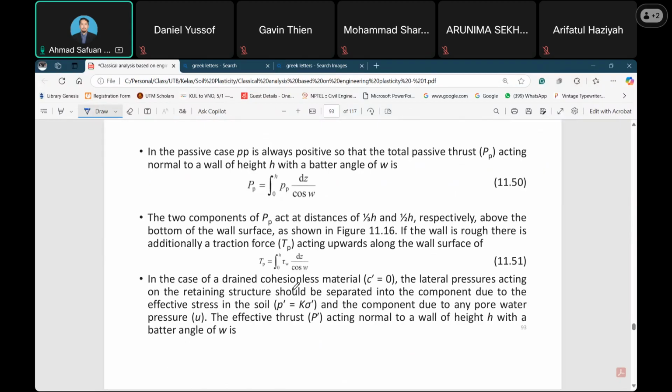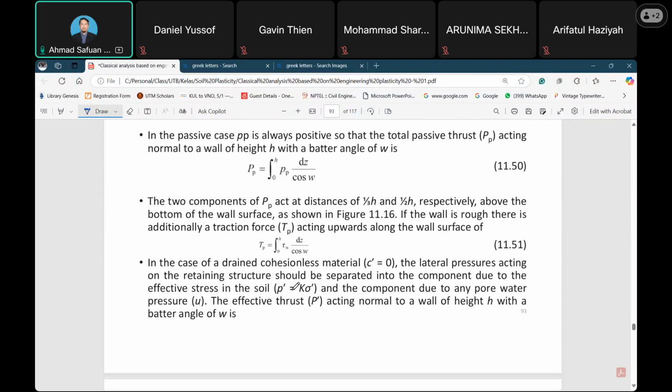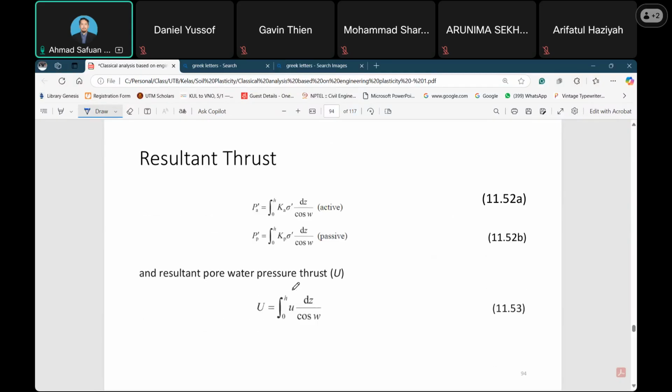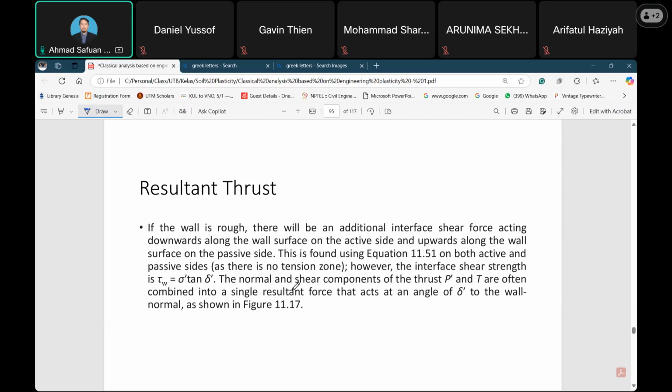The effective thrust acting normal to the wall of height H with a batter angle of W is shown in 11.52A, 11.52B. Okay, and the resultant pore water pressure thrust is 11.53, because we differentiate between the effective and also the pore water pressure.